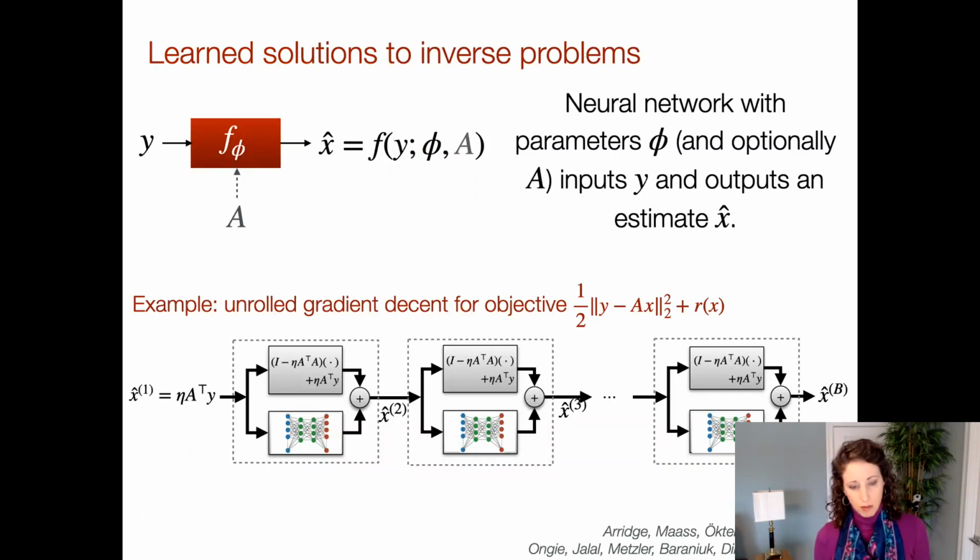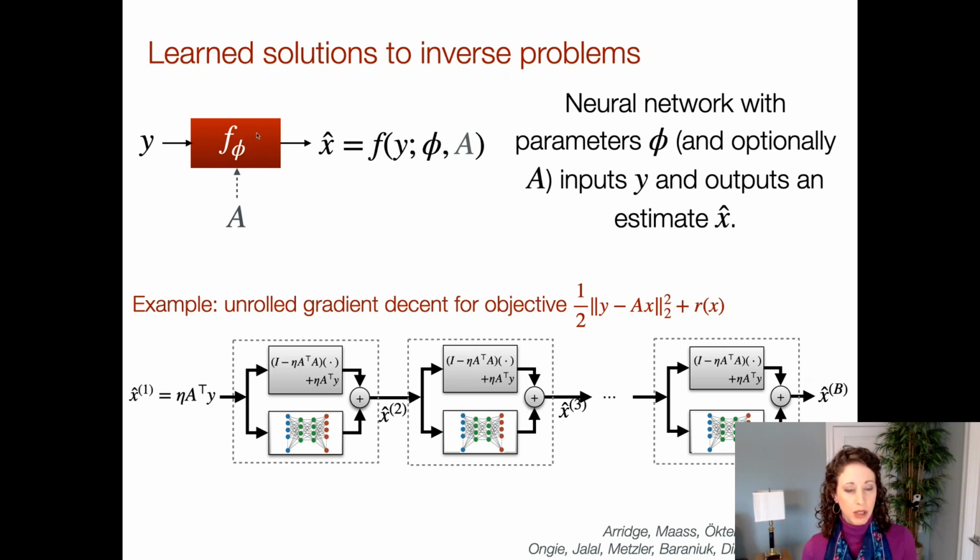So in this portion of the lecture, I want to be a little bit less constrained about thinking about a particular algorithm that I'm using to do the reconstruction. I just want to think about having some sort of block that I've learned that inputs data y and outputs an estimate x hat.